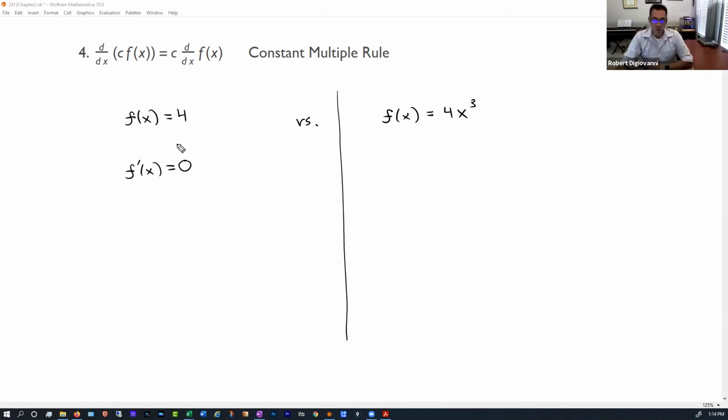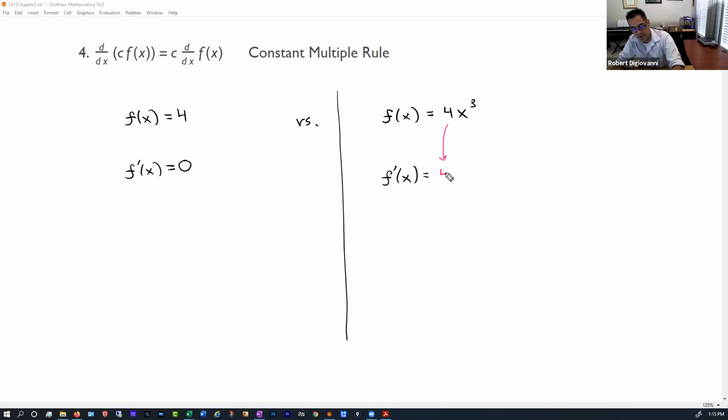On this next one, we have 4, but it is attached to x cubed, right? It is multiplying x cubed. And whenever you have that, you do not follow the rule that the derivative of 4 is 0. What you do is the constant multiple rule, which is when you take the derivative, you just bring the 4 along for the ride.